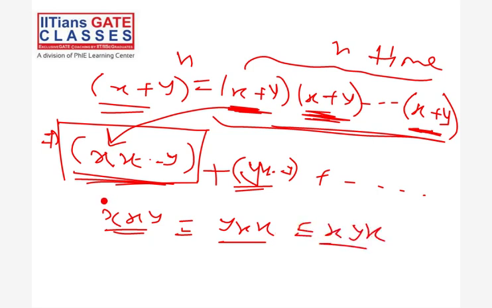So what matters to us? The only thing that matters to us is how many x's we have and how many y's we have. So our target is to compute how many x's we have and how many y's we have in a term.